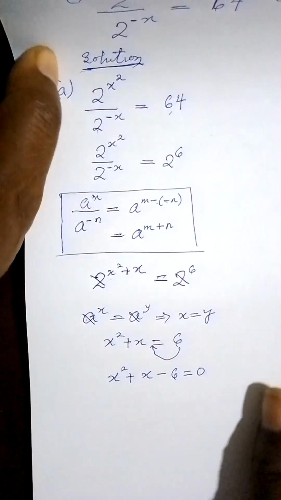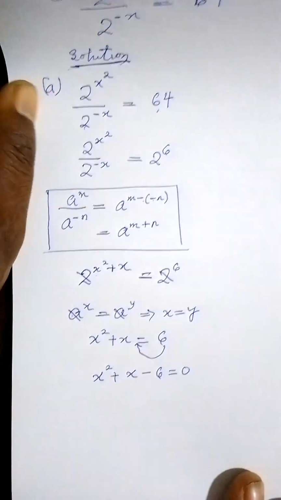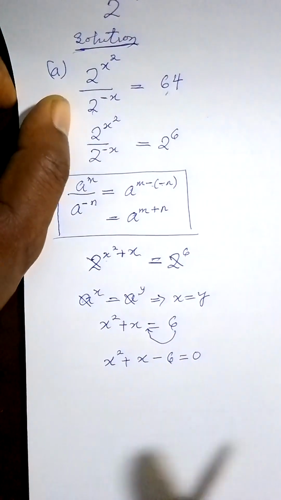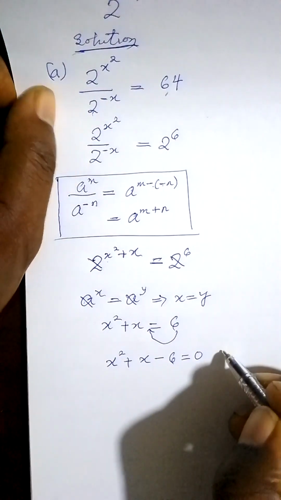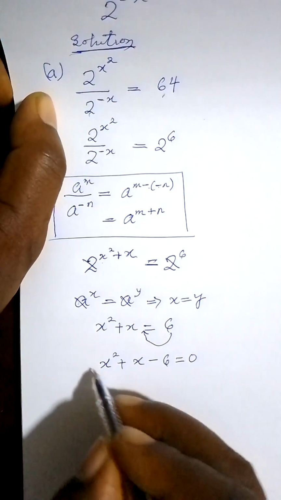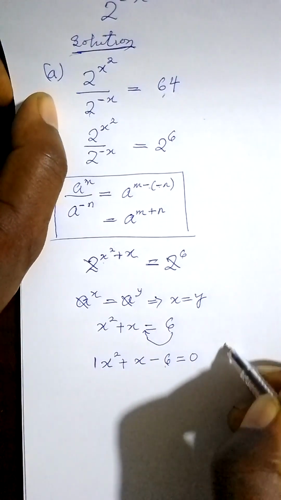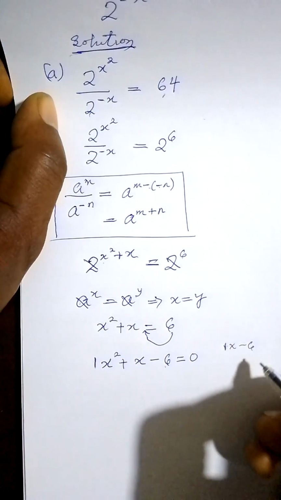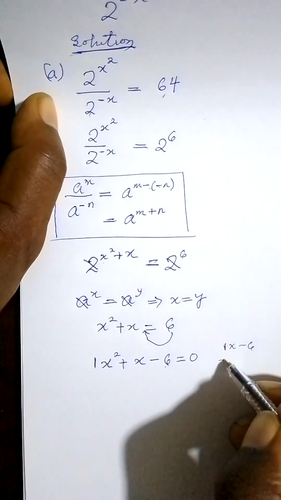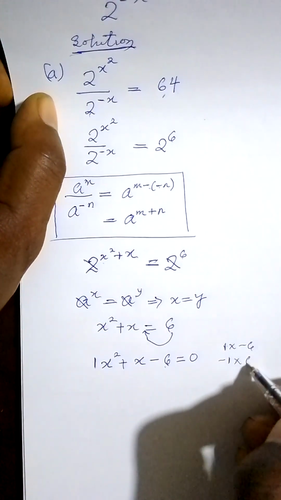So this is quadratic. Our attempt is to factorize the expression, okay? Now, by factorization, we know that the coefficient of x squared is 1. So multiply this 1 by minus 6. So you have 1 times minus 6. Then also it could be minus 1 times 6.